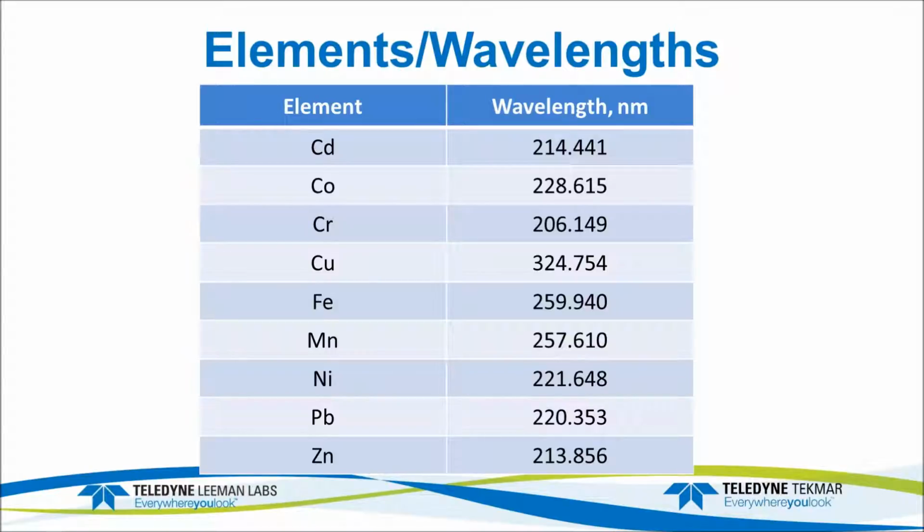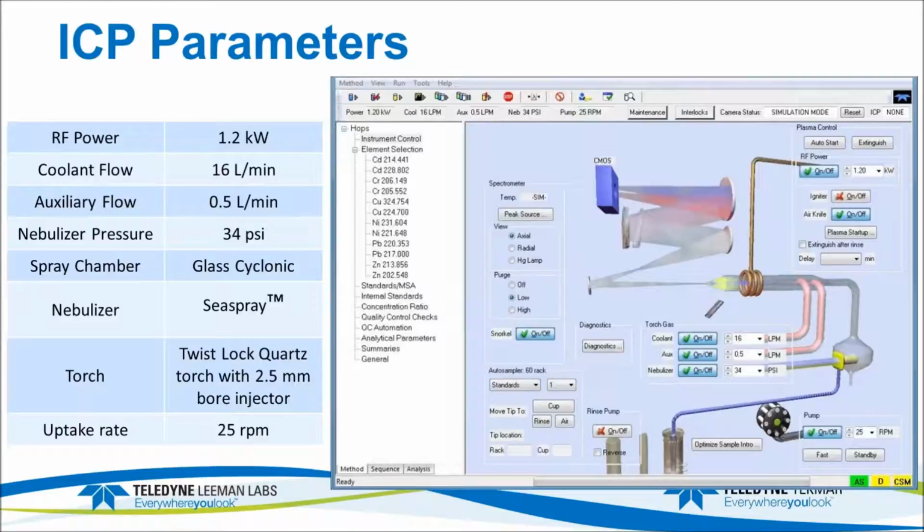Typically, we would also do multiple wavelengths of each element as a check on potential interferences. We did that. We didn't see any different results from the different wavelengths, so we're not going to report the data on all the wavelengths just to make the slides a bit easier to read.